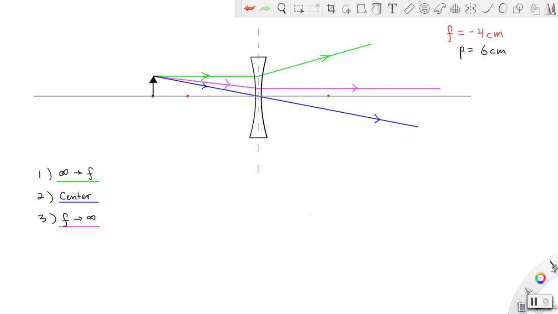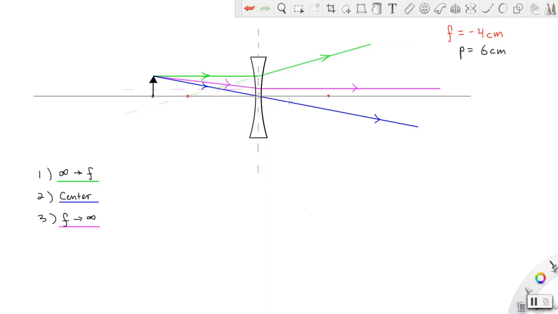Now, thinking in terms of what we did with the last lens, we can see that the rays appear to be coming from a different direction than they're actually coming from. So we've got this sort of trickster system going on again. If we trace this back, then the direction this one appears to be coming from looks like that. If we trace the green ray back, then it looks like it's coming from this direction.